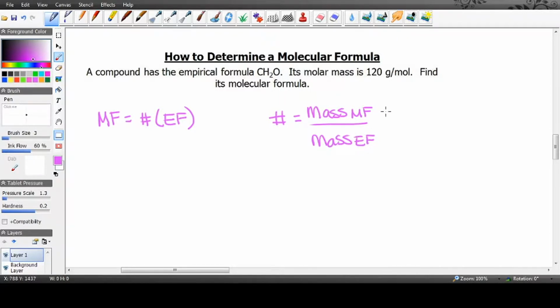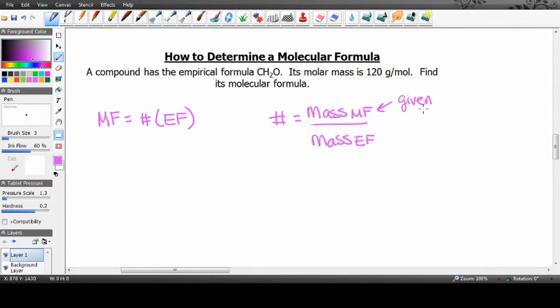Now, the mass of the molecular formula is like the true molar mass of the compound, okay? And in your problems, this will be given. And you might be wondering, Ms. Rivera, if we don't know the molecular formula, how do we know the molar mass? Great question.